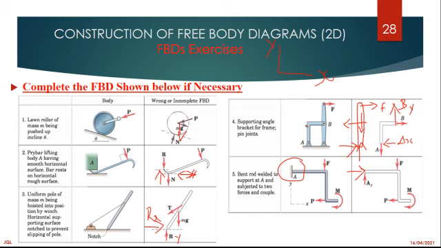So we need another force there opposite to P. This will be AX. And at the same time, we need to have a moment, which will be that moment. Then we are done.